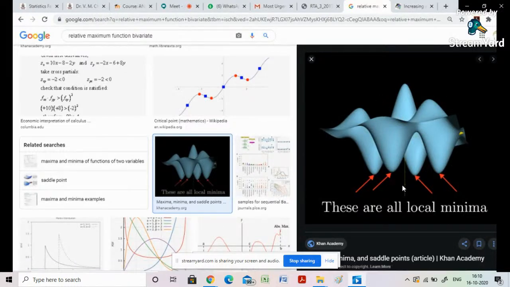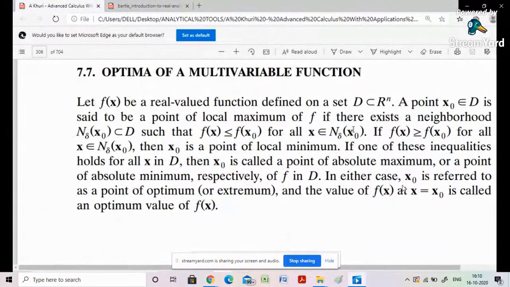So similarly you can find, this is the theoretical concept: f of x greater than or equal to f of x1 for x belongs to N delta of x1. If one of these inequalities holds for all x in D, so if we consider the entire region, so if it is maximum in the entire region, then we can say that x0 is a point of absolute maximum.